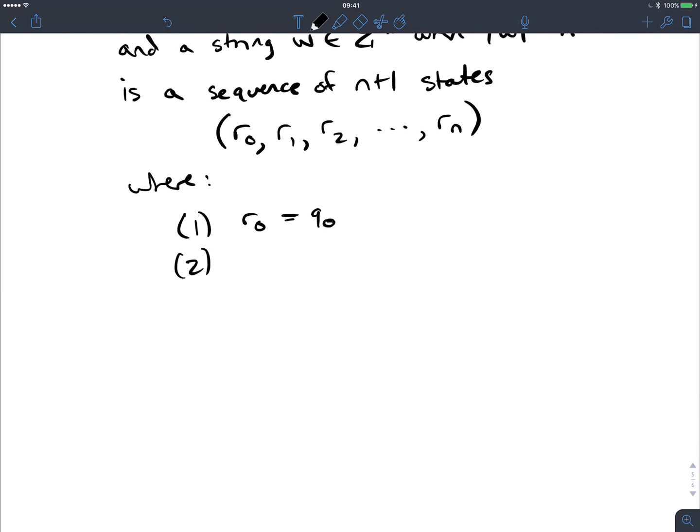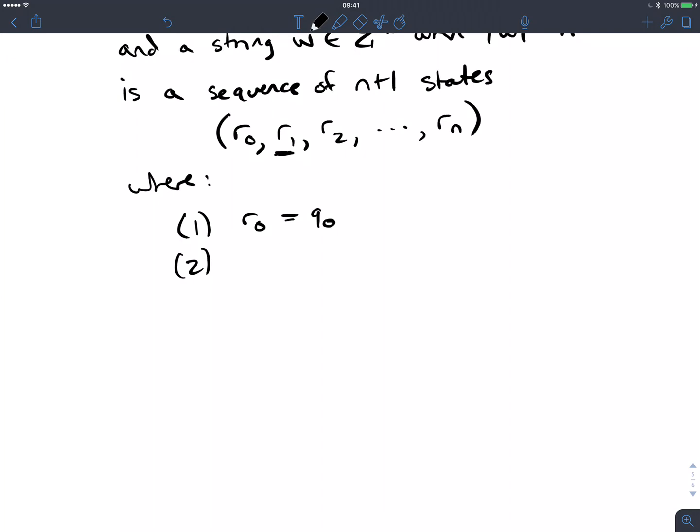Okay, well, that got us one state in the sequence, but now I need the other n states. How am I going to figure out what those are? Well, let's get a small example first. Well, partial example. How do I get R1 from R0? It's the output of the transition function from what state and what input symbol? The start state, which happens to be R0, so the thing right before it, so that's good.